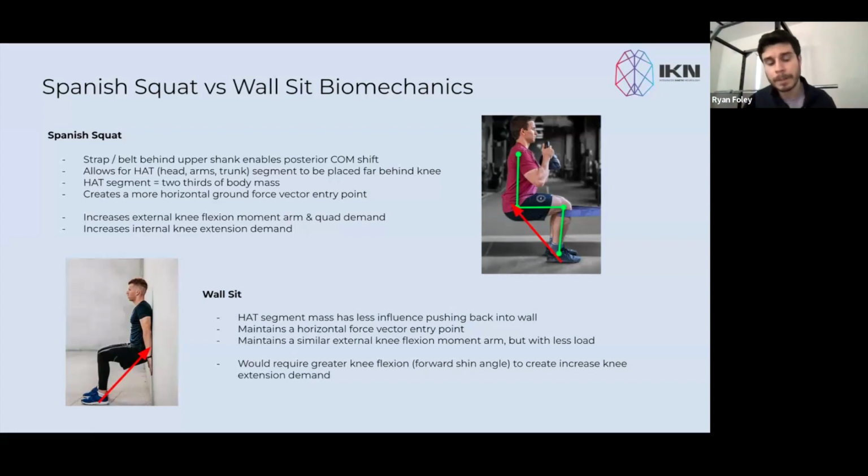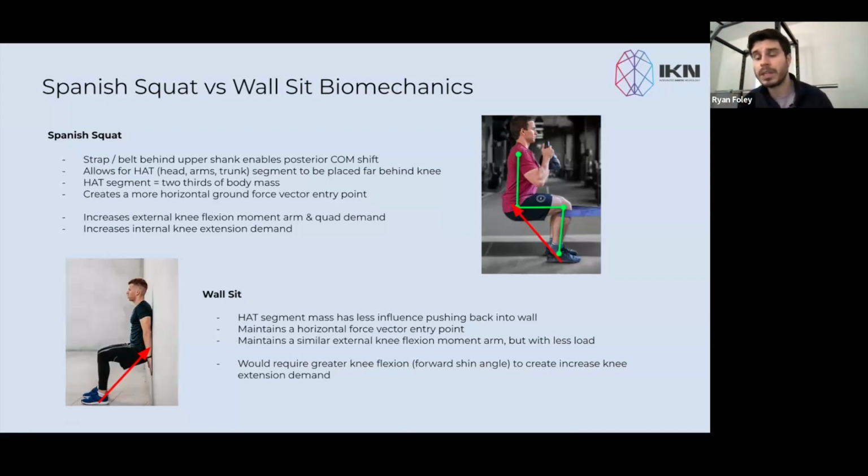What you could also do here, which changes the entry point of the force vector and how you're applying force into the ground, is take a small step back to bring that shin from a vertical position to more of a forward angle. What this will do is increase the knee flexion angle, but now you're applying force straight down into the ground as opposed to down and forward.